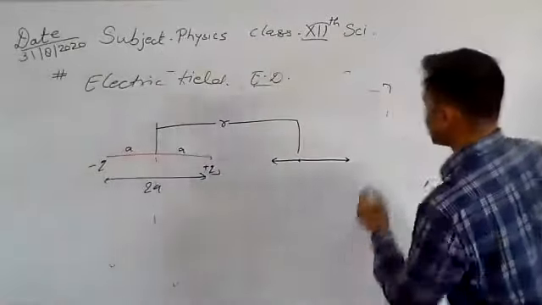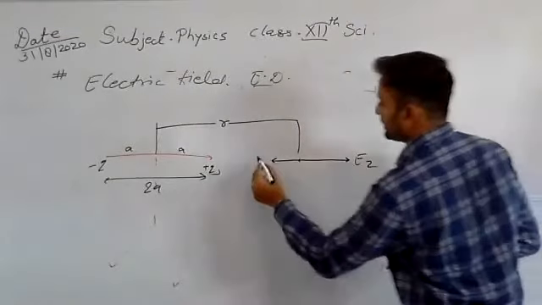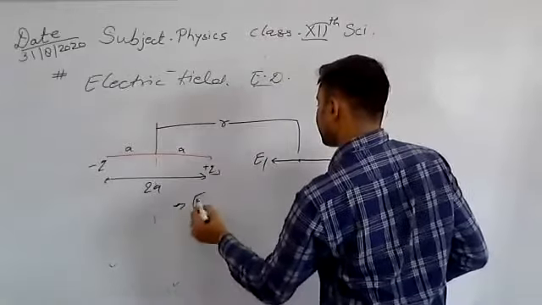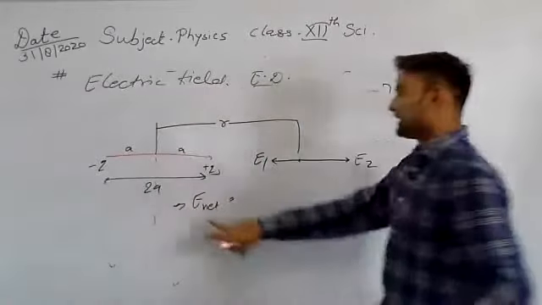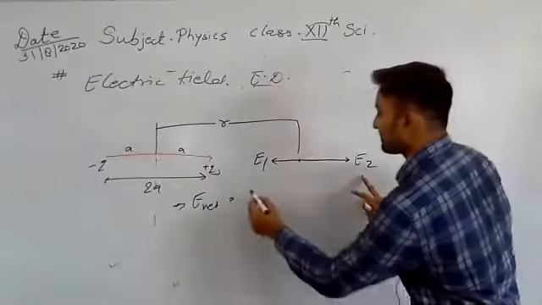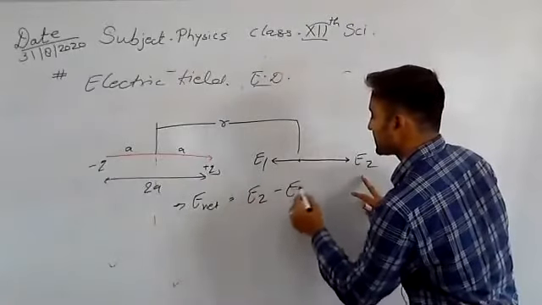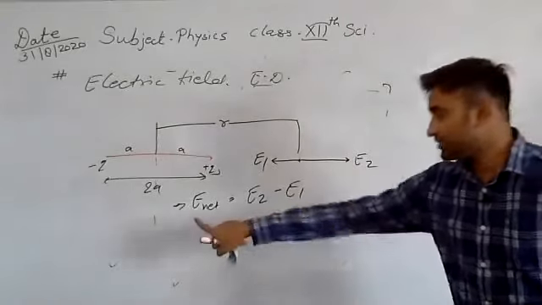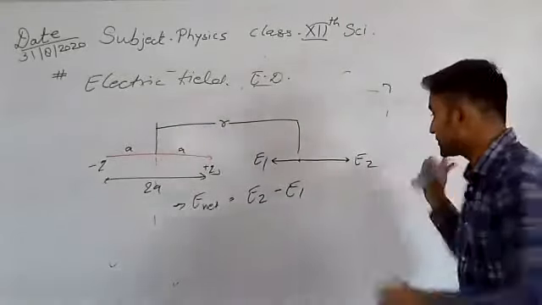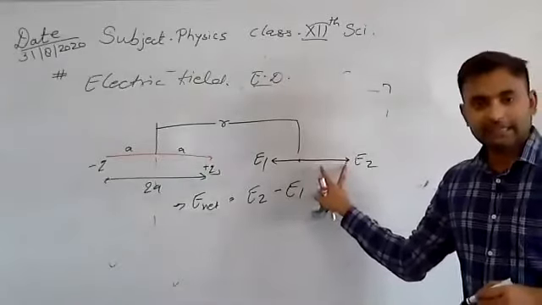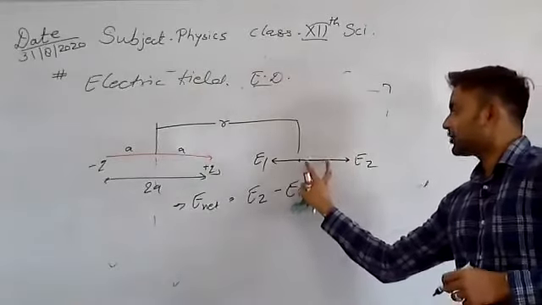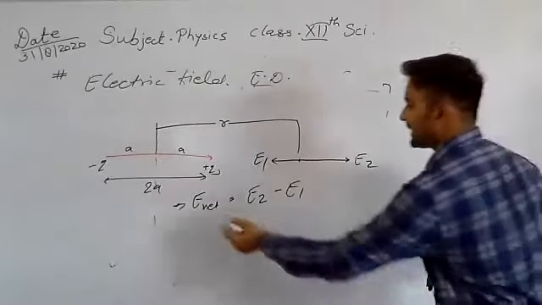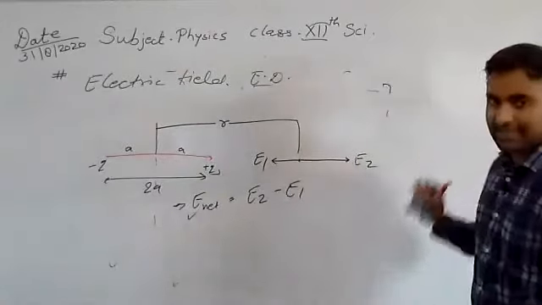So here E2 is greater. So the net electric field will be E2 minus E1, but the direction of the net will be in the direction of E2 because it is larger. E1 can only cancel out that much, and the rest is in this direction. That's why the direction of E net will also be in this direction.